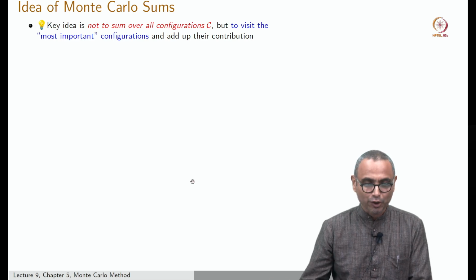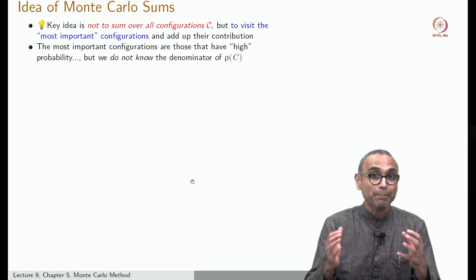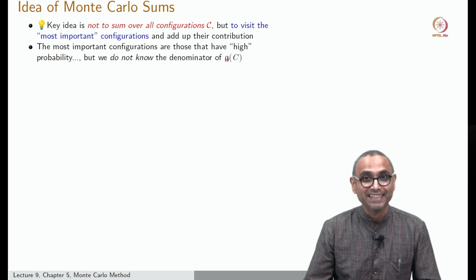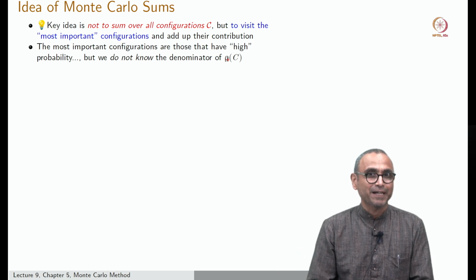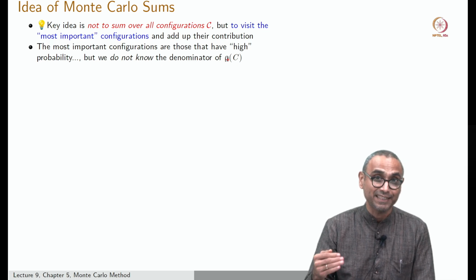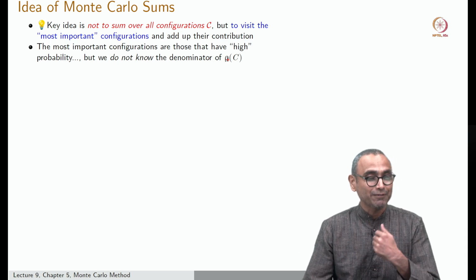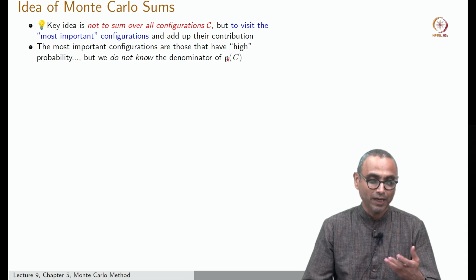The most important configurations are the ones that have a high probability, in the sense that this rho of C is large. But this is a bit problematic, because to find rho of C, it's not enough to know the energy of C, which is h of C, but you also need to know the partition function. But we cannot evaluate the partition function because the problem is too large, too big.